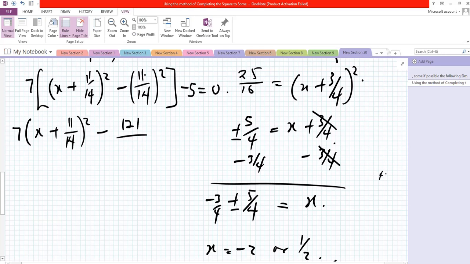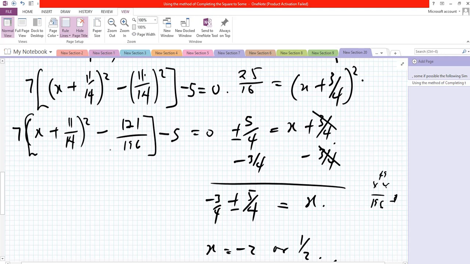Let's say 49 times 4, minus 5. This time is 7 plus 1. So if you expand this, let me not expand it yet. Let's leave it like this.